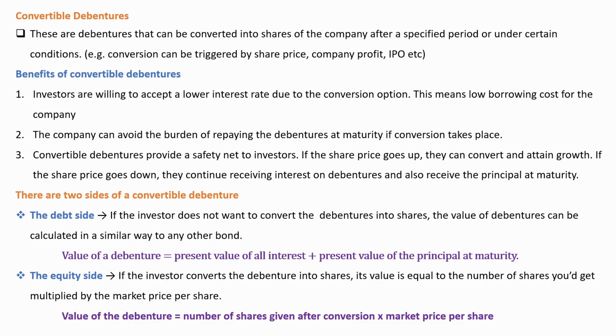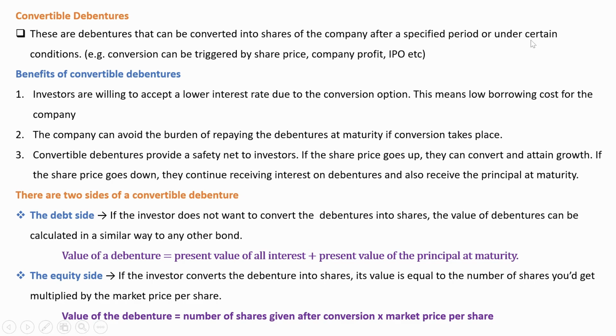So convertible debentures can be converted after a specified period. If the period is 10 years, then after 10 years, you have the option to convert them into shares or to redeem them, to keep them as debentures and eventually redeem them.